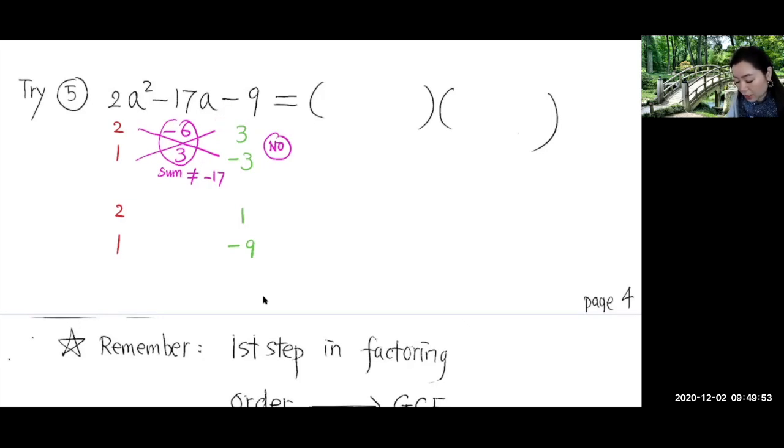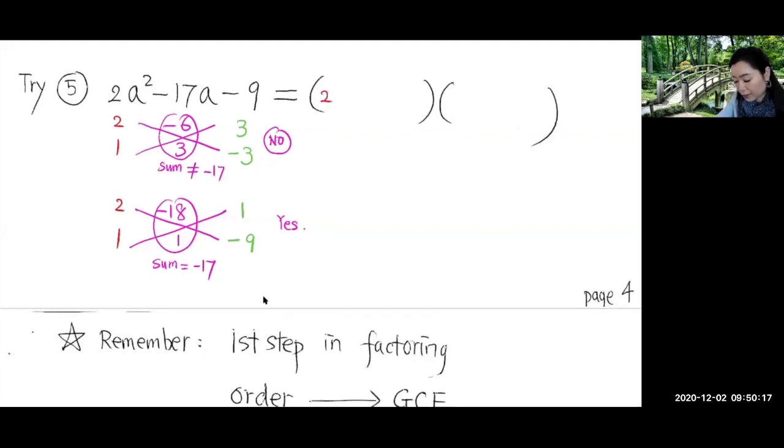Now, 2 times -9 is -18. 1 times 1 is 1. Indeed, the sum over here is equal to -17. So yes, okay? So now we found the right combination. So we just need to read this. So this is going to be 2a plus 1, and then 1a, which is a, minus 9.